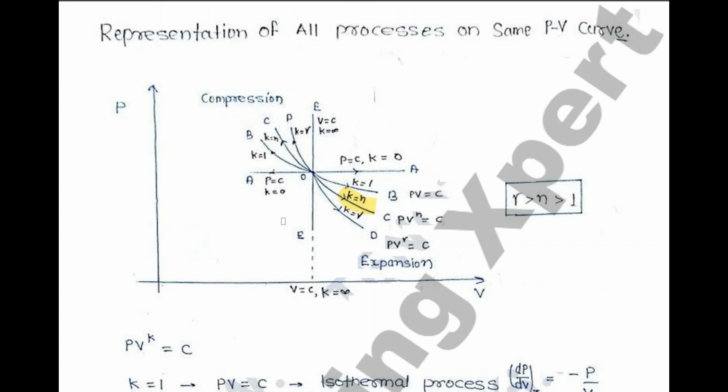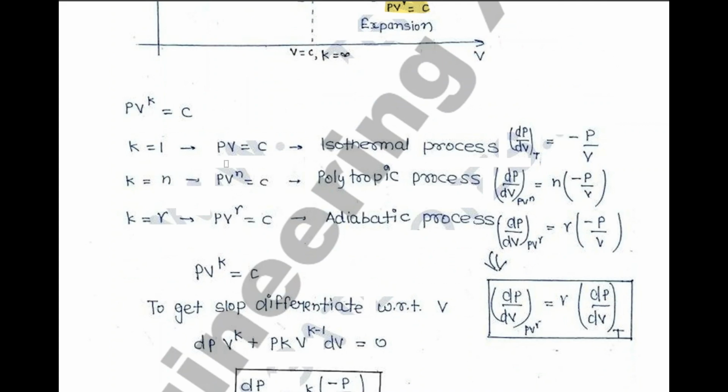This is the PV curve for isothermal, polytropic, and adiabatic. As you can see, the slope of adiabatic is highest because the value of gamma is greater than both n and 1. Therefore, it has a higher slope, and we have found the slope over here.